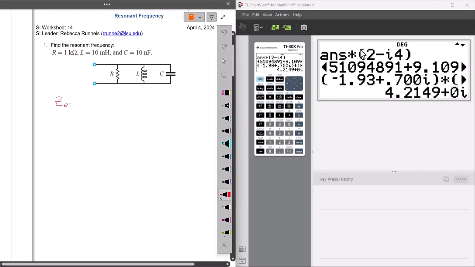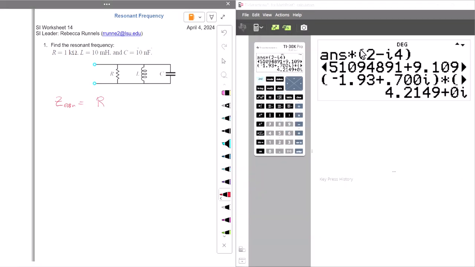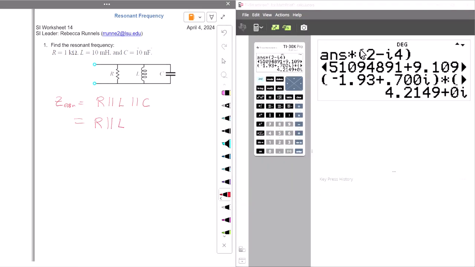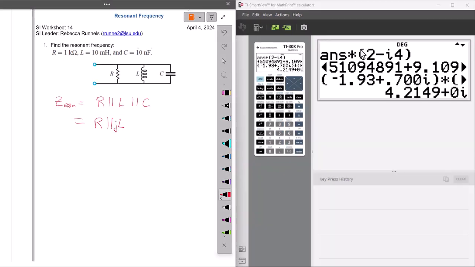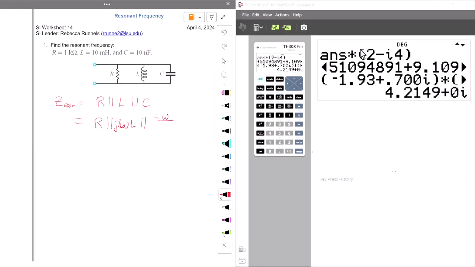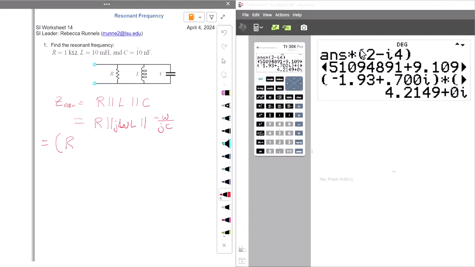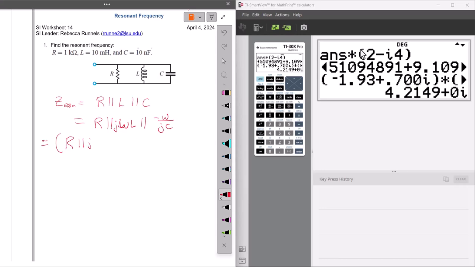So Z equivalent, or the impedance of the entire thing, is R in parallel with L in parallel with C. As an impedance, that's R in parallel with j omega L in parallel with minus j over omega C. We could do them two at a time.